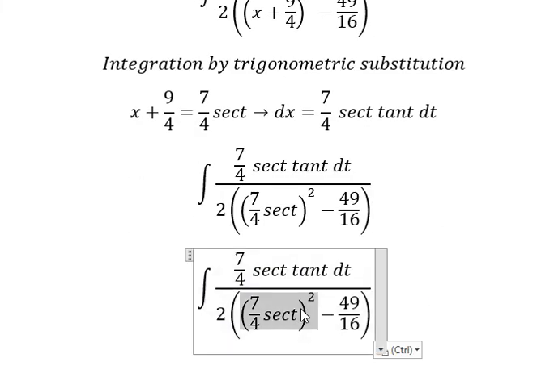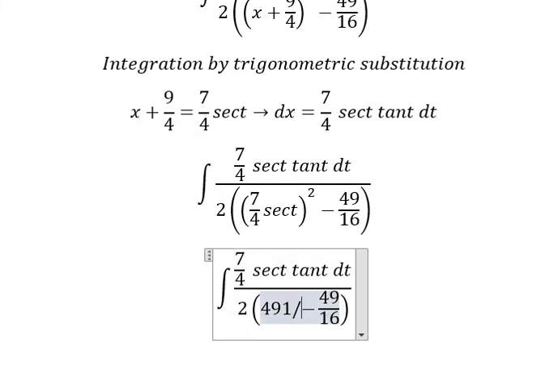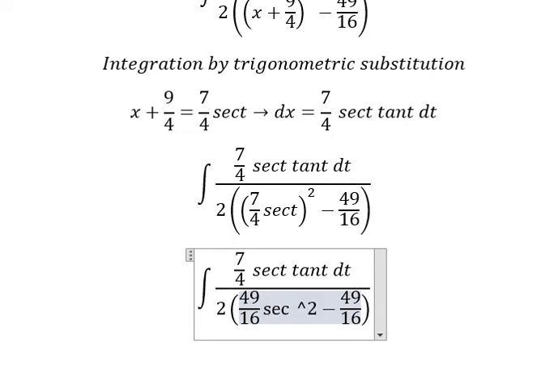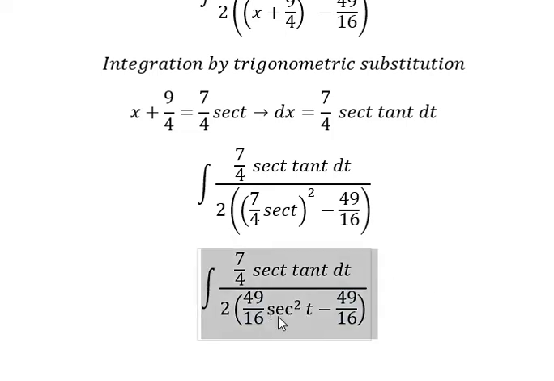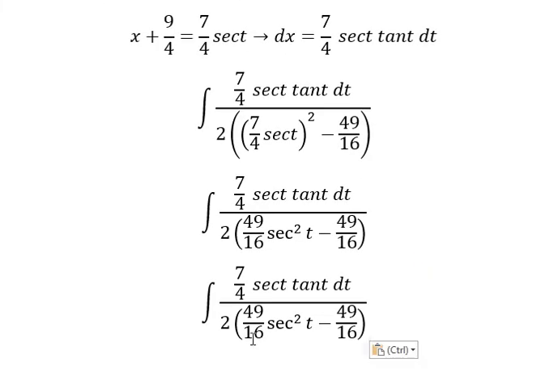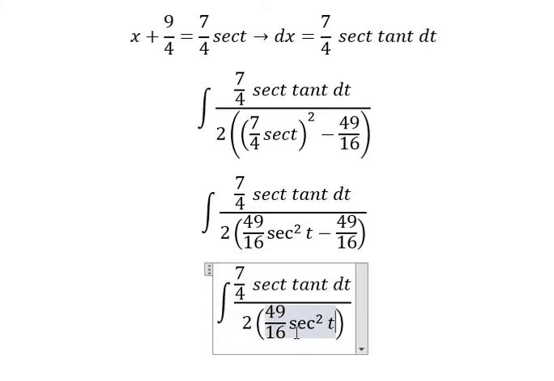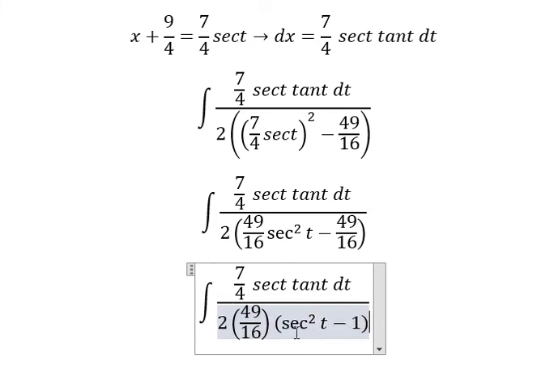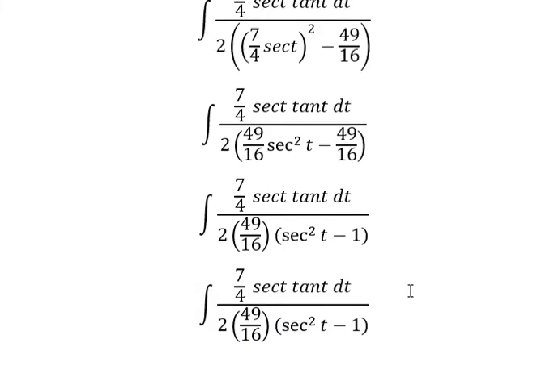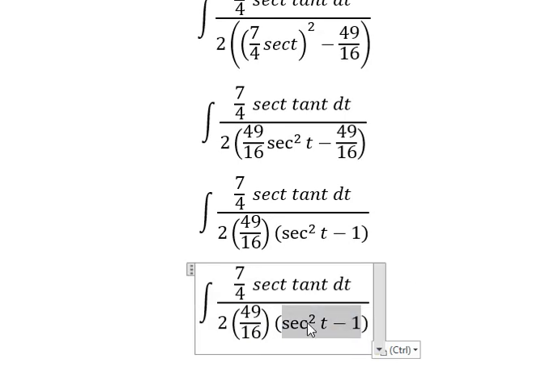So this one we get 49 over 16 secant squared of t. So for 49 over 16 we can do factorization, and this one we change to tan squared t.